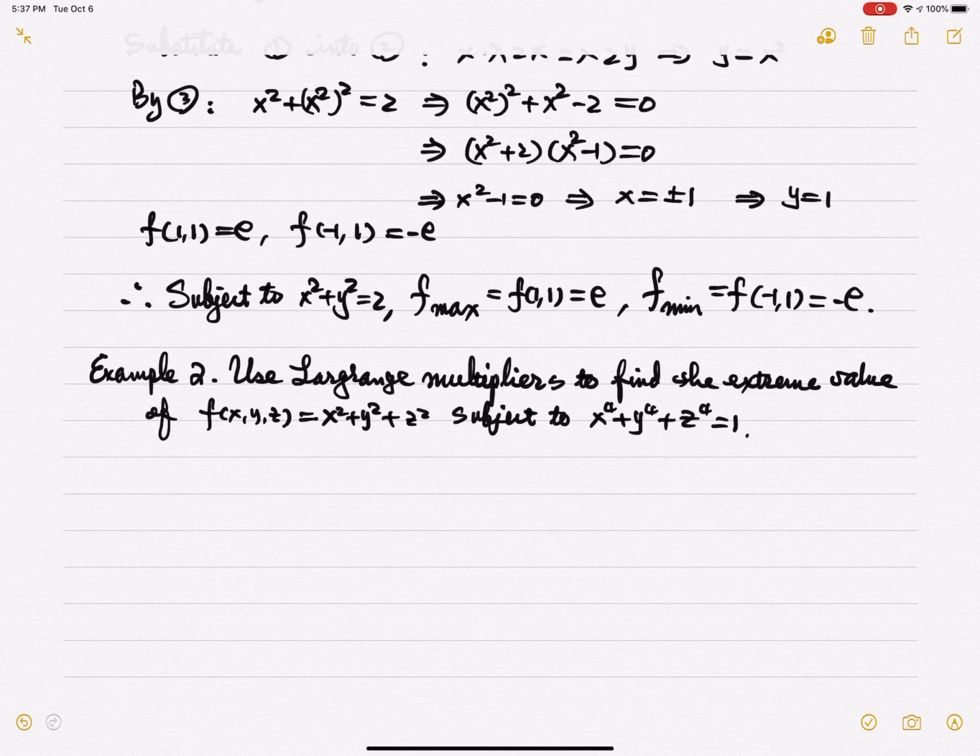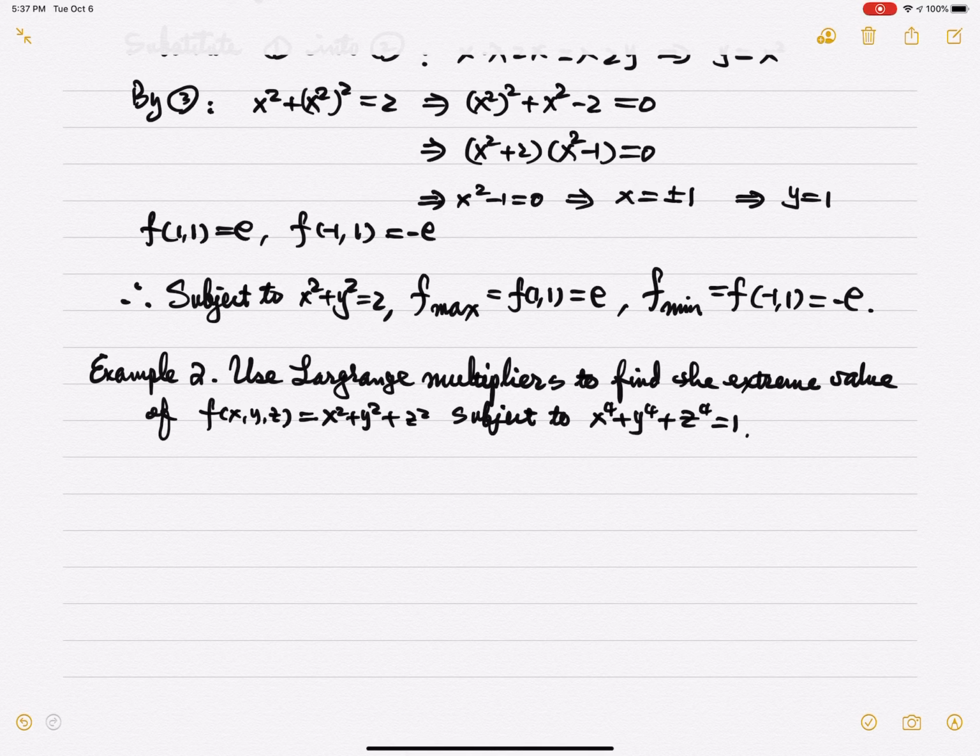Of course, as the radius increases, the function value increases, and as the radius decreases, the function value decreases. Even though we don't know what the surface looks like for the second equation, x fourth plus y fourth plus z fourth equal to 1, we know it's a surface. An equation of 3 variables is a surface in space.